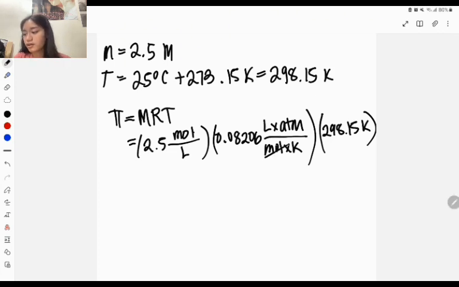Cross out the mol, the liter, and then the Kelvin. If we multiply it, it becomes 61.17 atm. This is our osmotic pressure.